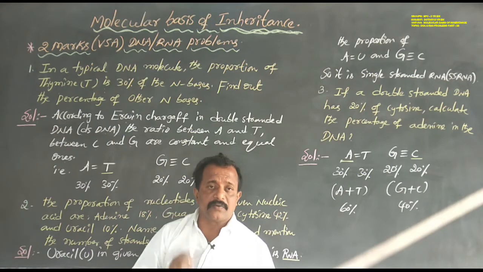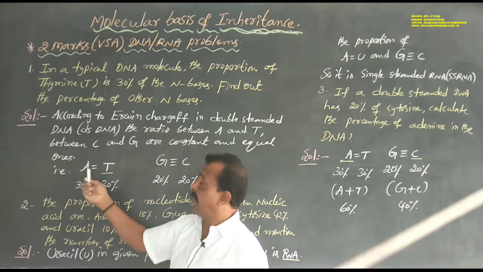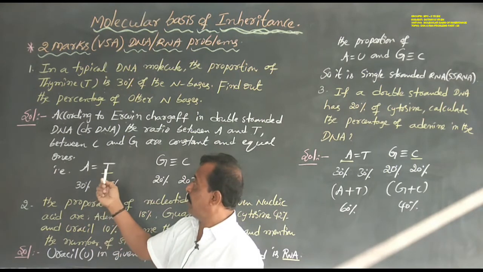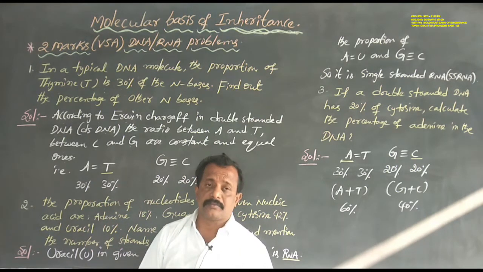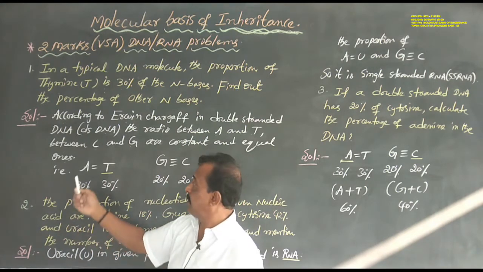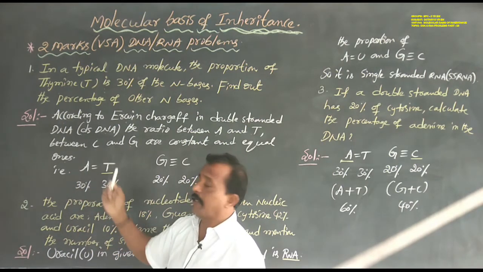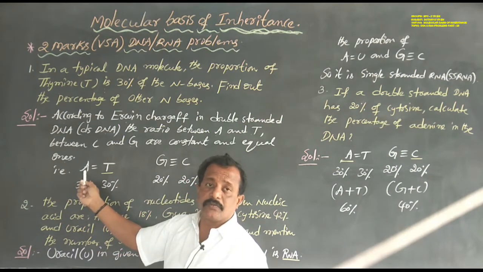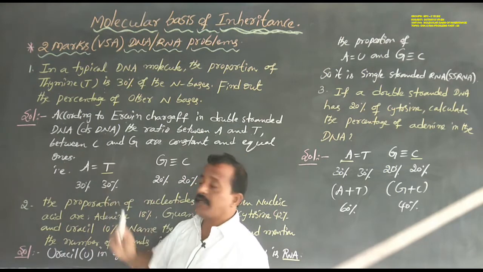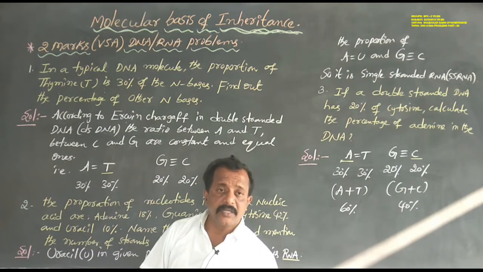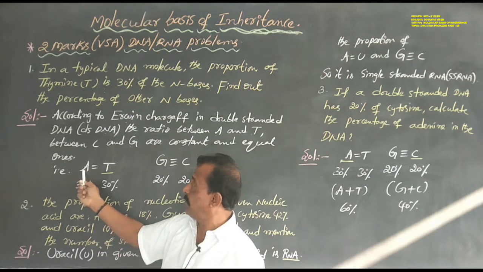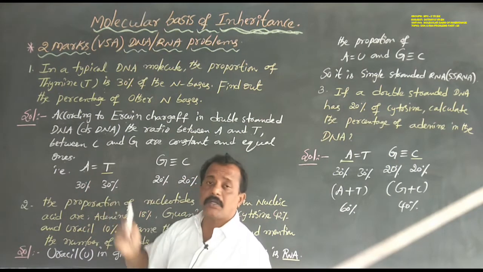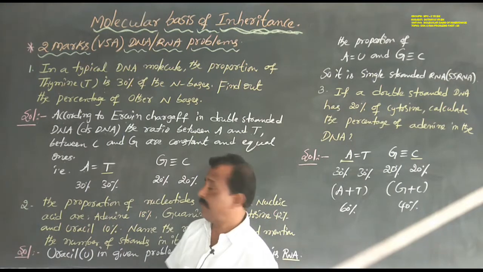So the first purine, adenine, is always opposite to the first pyrimidine, thymine, that is A and T. Between this first purine and first pyrimidine there are two hydrogen bonds.